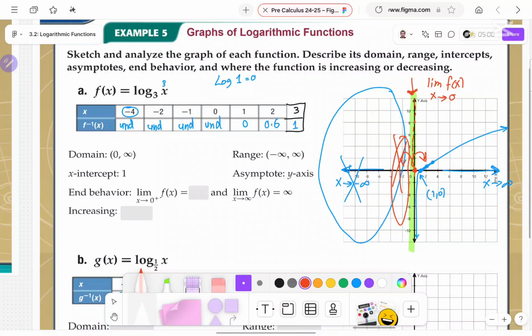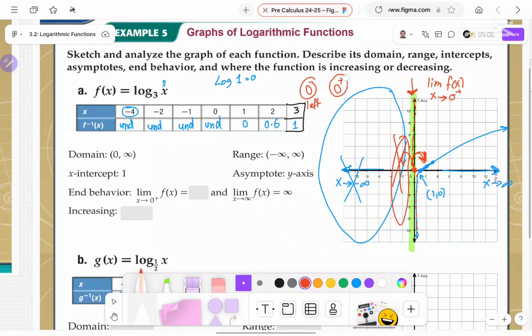I don't have any function on the left side, only on the right side. And if you look at the right side of the 0, you can see the graph is going down, because x approaches 0 from the right, because we know that when it's minus, it means from the left.